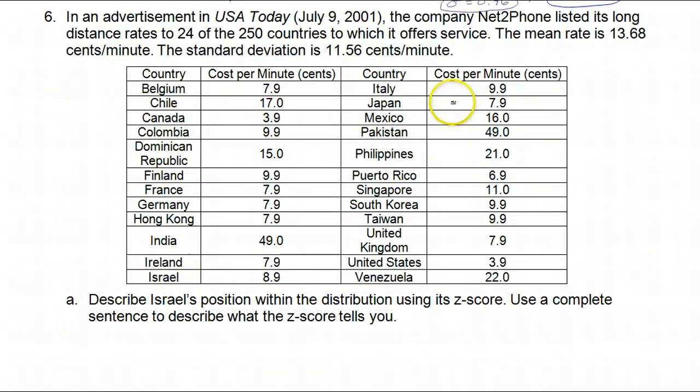All right, last problem. We've got this phone company. It listed the long distance rates for 24 countries. There they are. We've got the mean and we've got the standard deviation.